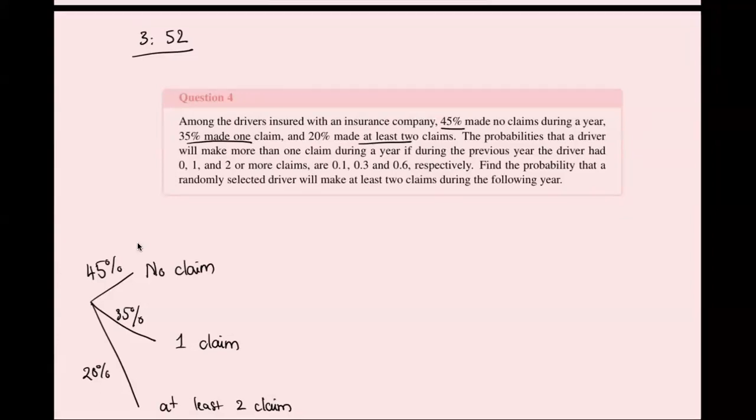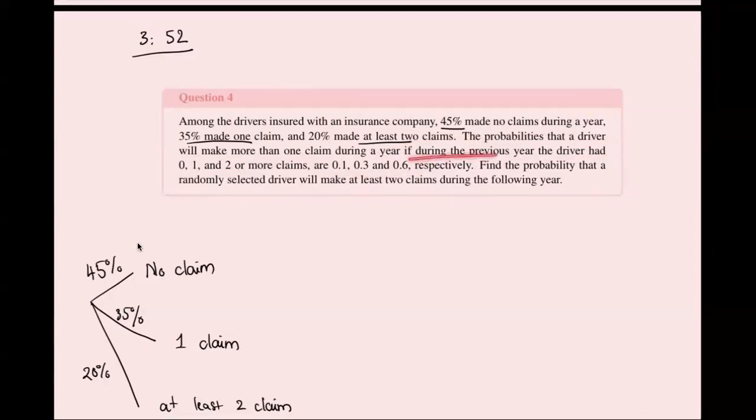And then if during the previous year, which means if during this year, the person filed a claim, then we will have the probability that the driver makes more than one claim in each situation, which is 0.1, 0.3, and 0.6 respectively.